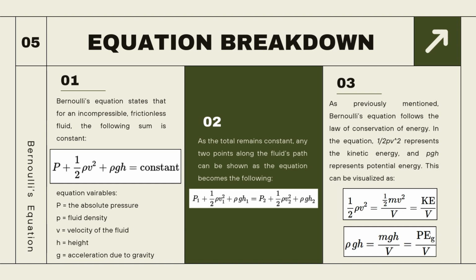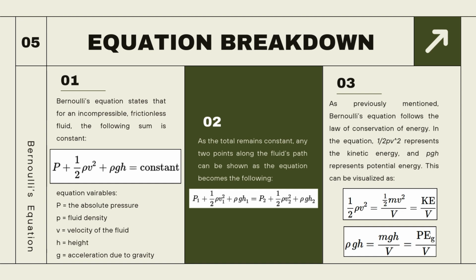Moving on, as the total remains constant, any 2 points chosen along the fluid's path of movement can be shown as the equation becomes the following. P₁ plus 1/2 ρv₁² plus ρgh₁ equals P₂ plus 1/2 ρv₂² plus ρgh₂.